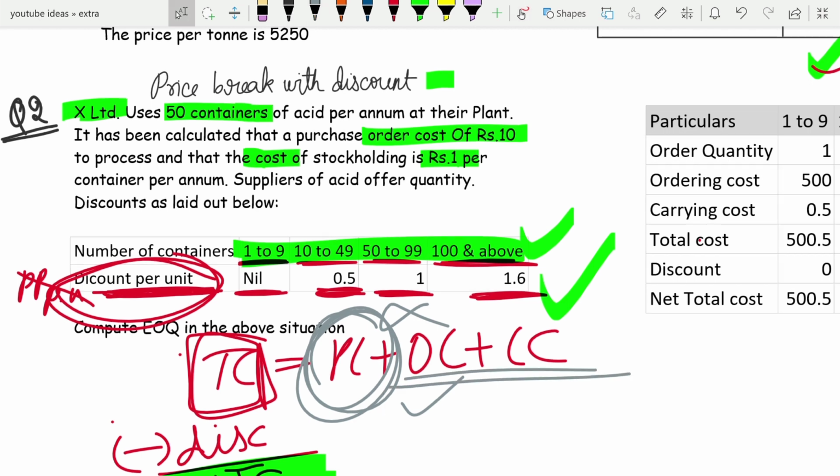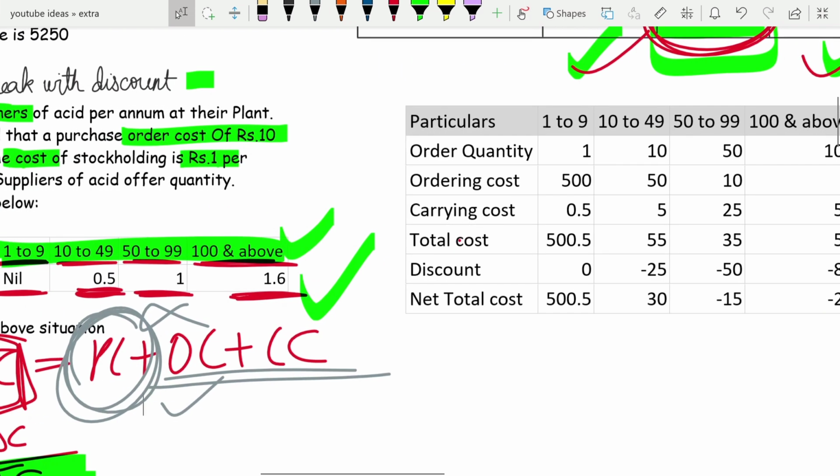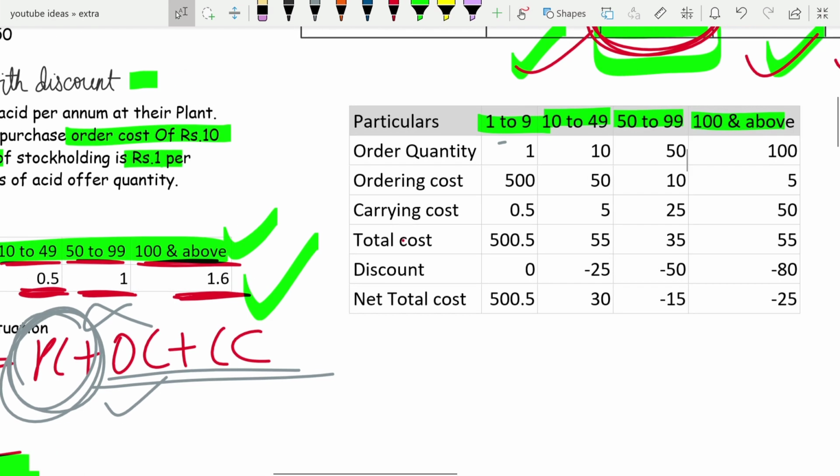So first step was to write all the ranges that they have given you: 1 to 9, 10 to 49, 50 to 99, 100 and above. In that, you have to find the least among the range. That will be your order quantity. So order quantity in 10 to 49 will be 10, 50 to 99 will be 50, 100 and above will be 100, and in 1 to 9 it is going to be 1.